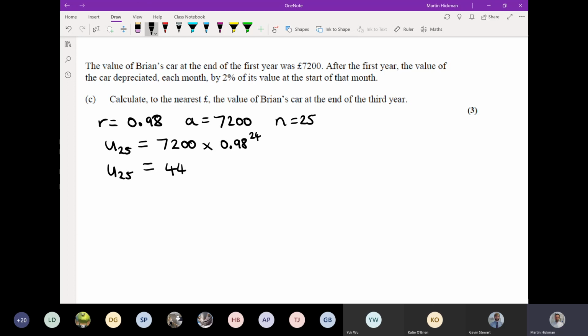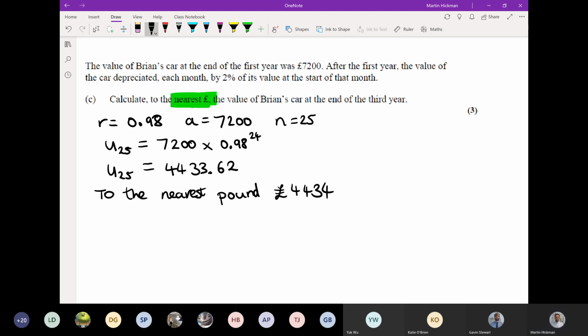So then work that out, and as we always should, make sure that we read the question very carefully. This does say nearest pound, so to the nearest pound, it is 4,434. Okay, let me know if you've got any questions, but don't go anywhere just yet.